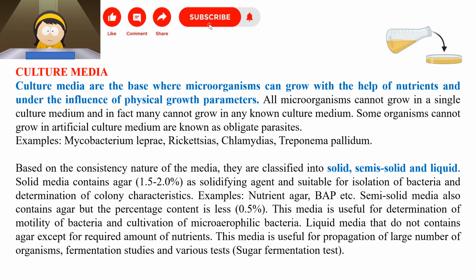Examples: nutrient agar, BAP etc. Semi-solid media also contains agar, but the percentage content is less, 0.5%. This media is useful for determination of motility of bacteria and cultivation of microaerophilic bacteria.